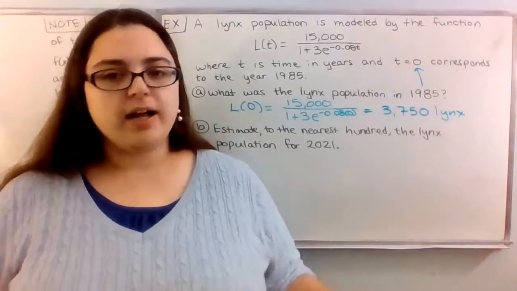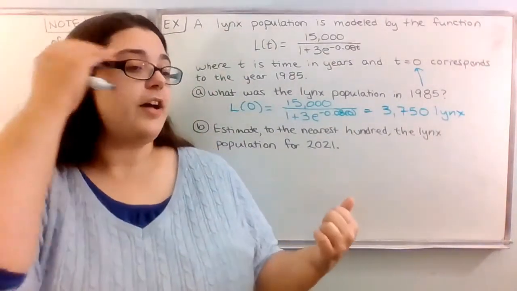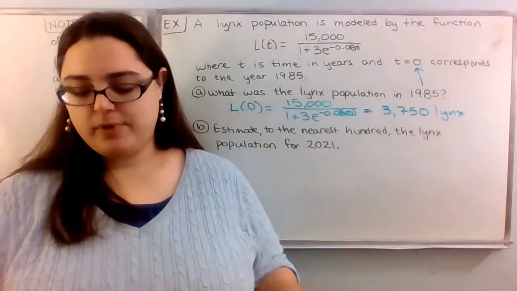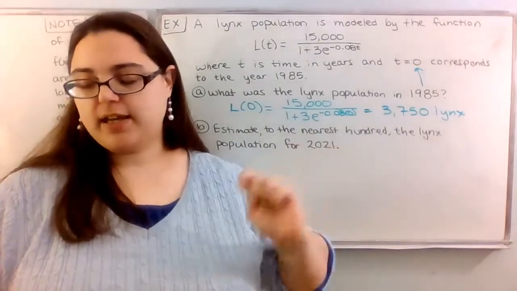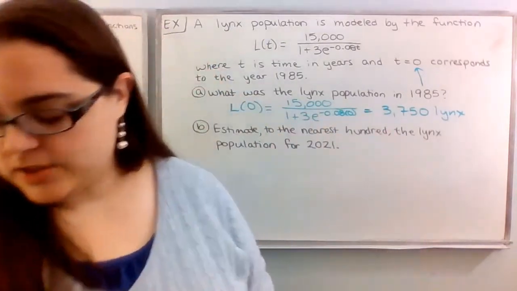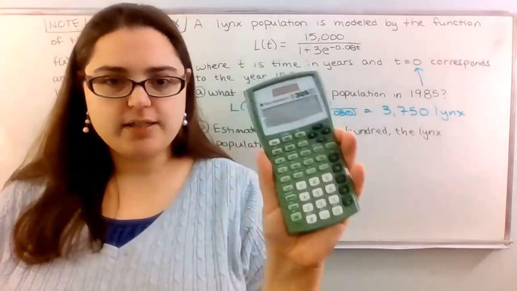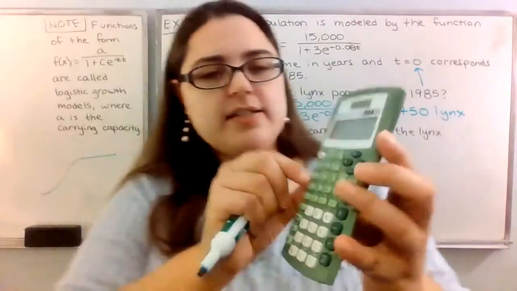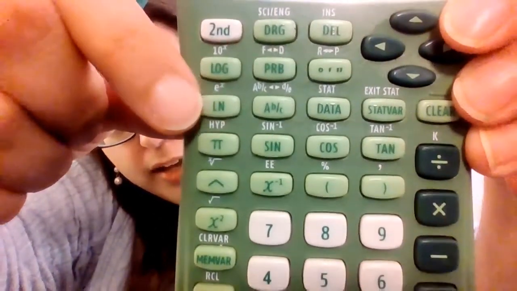Depending on the calculator that you have, your exponential button, your e value, may be found in a slightly different place. Typically, you will see it as a second function above another button. For example, I've got a TI-30X2S here, and if I want to access e to the x, on this one it's right above the ln key.